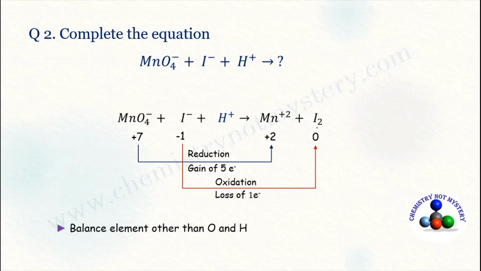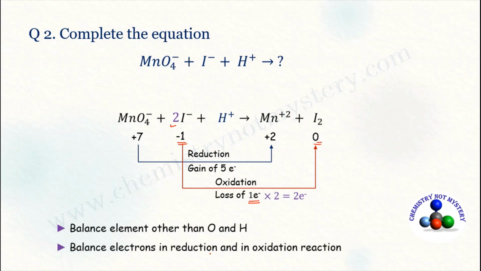Here there are 2 iodine, but there is 1 iodine, so you have to write 2 in front of I negative ion. As 1 iodine oxidizes from -1 to 0 by the loss of 1 electron, you have to multiply it by 2. So 2I negative will be oxidized to I2 by the loss of 2 electrons.